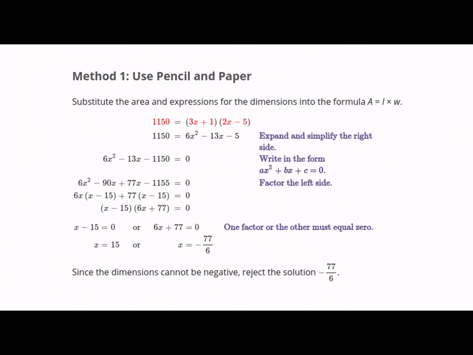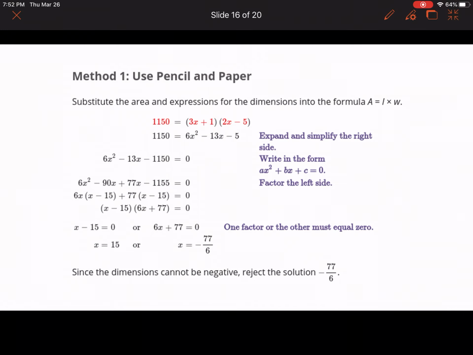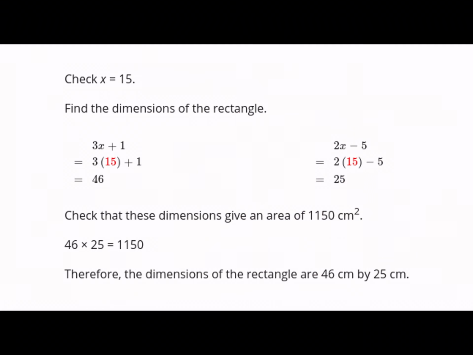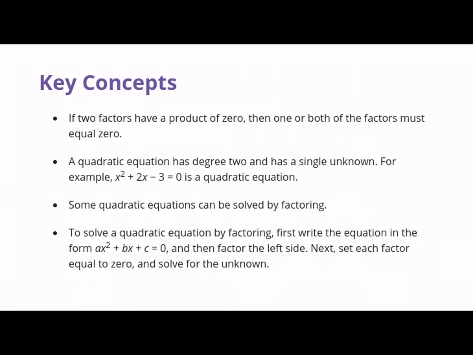All right, so here's the method going through from the textbook. Take a look at if that makes more sense to you. How to check. Key concepts for this chapter. If two factors have a product of 0, then one or both of the factors must equal 0. So if we've got A times B and they're equal to 0, then A equals 0, B equals 0, or both equal 0.